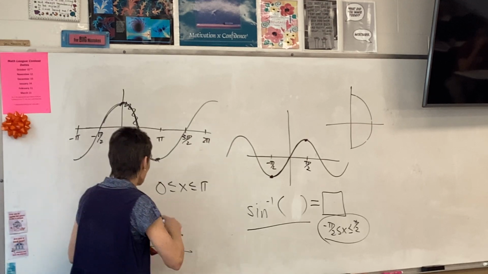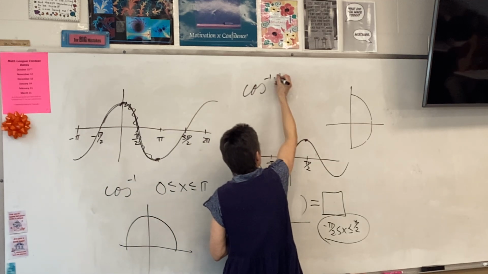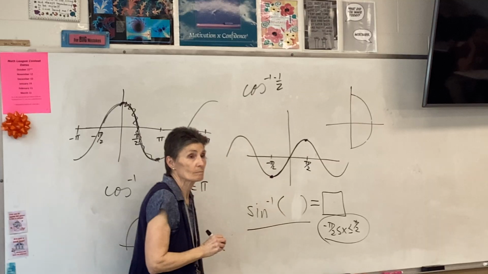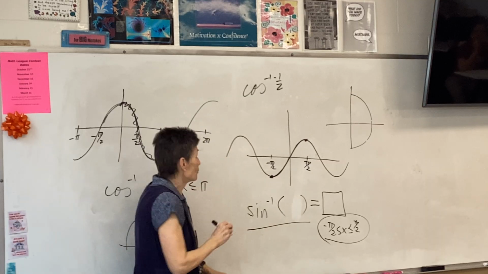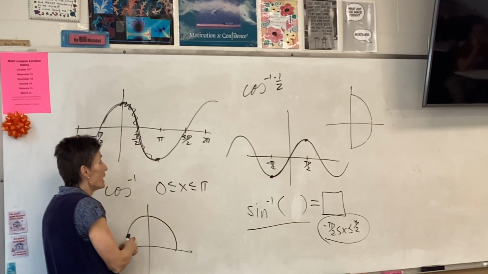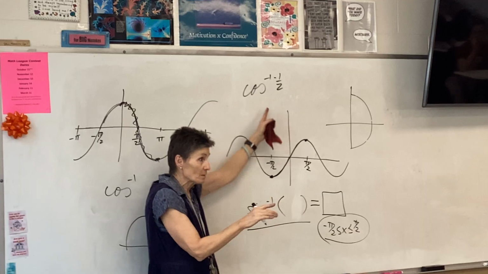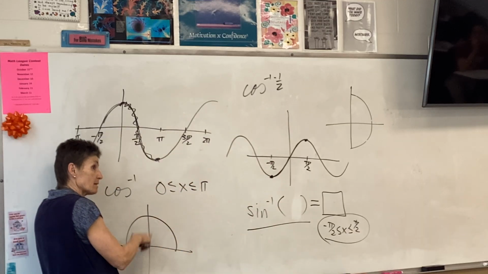So if you have a problem like this, find the angle whose sine is, let's say, -1/2. You're thinking about this part of the circle, and you're looking at x values now, right? Where is the x value -1/2?